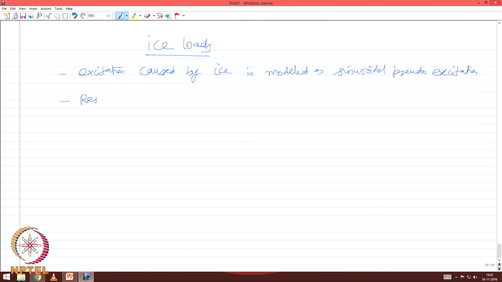The response of the platform under ice loads is expressed, or let us say is characterized, using transfer function.